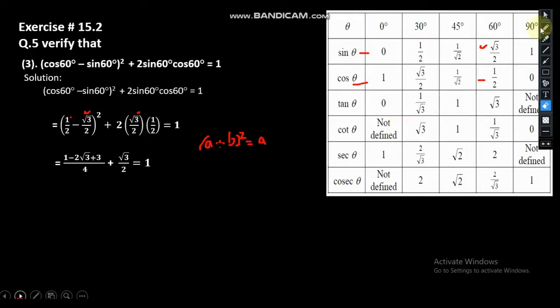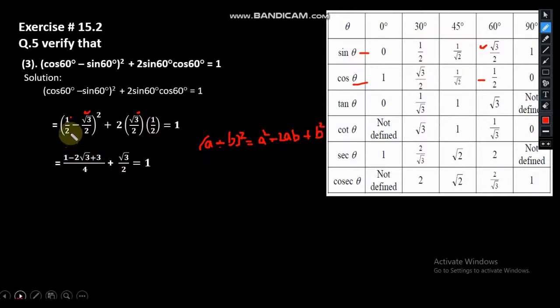Okay, we can use here (a minus b) whole square, which is equal to a square minus 2ab plus b square.